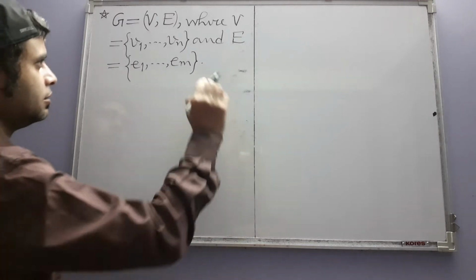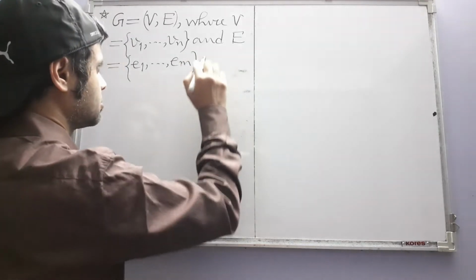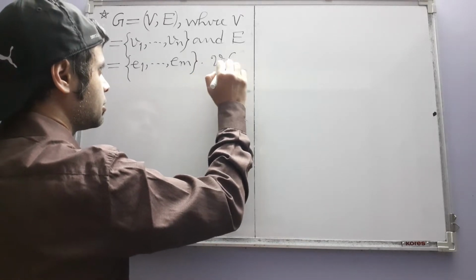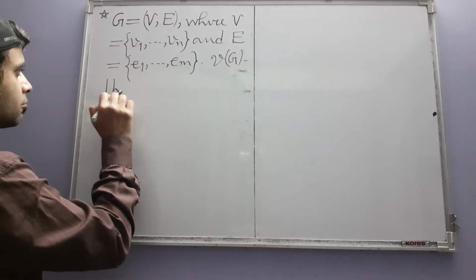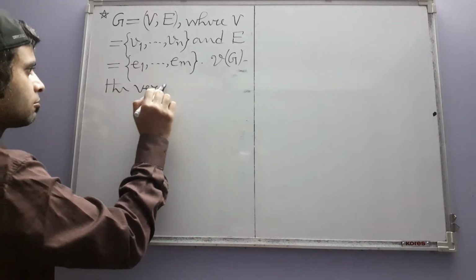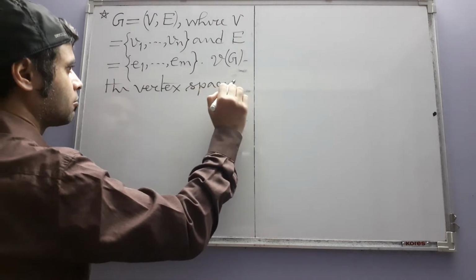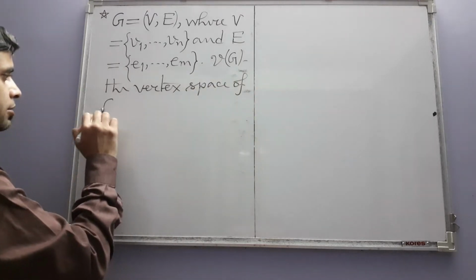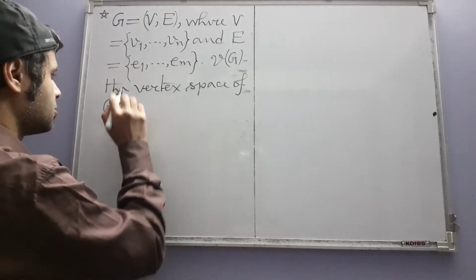What we then did, we defined something called the vertex space. We denoted it by nu of G. This is the vertex space of G, and what it is, is this.